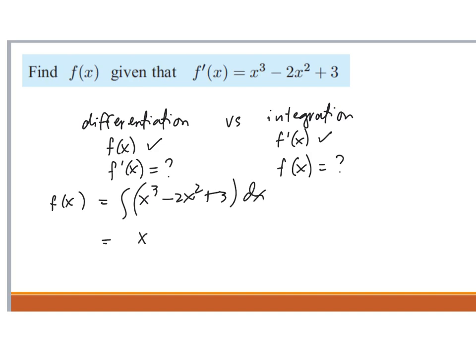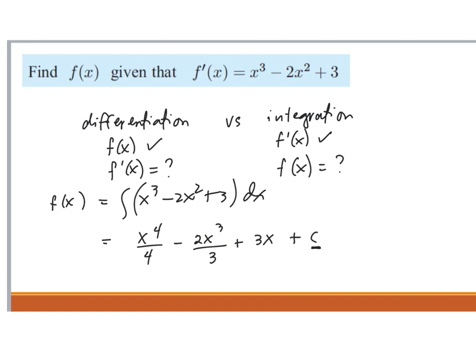It's just, sorry, the first one should be x to the fourth over 4 minus 2x cubed over 3 plus 3x, and then you have your plus c there. So as we said before, we don't have any information to find the value of c. We need more information to be able to find the value of c.